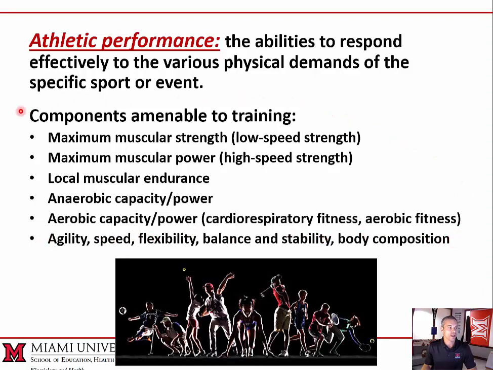And for many of these components, we'll highlight specific tests that can be utilized or implemented to determine where maybe weaknesses and strengths exist within a specific athlete. And also for many of these tests, we'll look at age and sport-specific descriptive and normative data in order to compare athletes to other athletes who perform similar events or in similar sports.